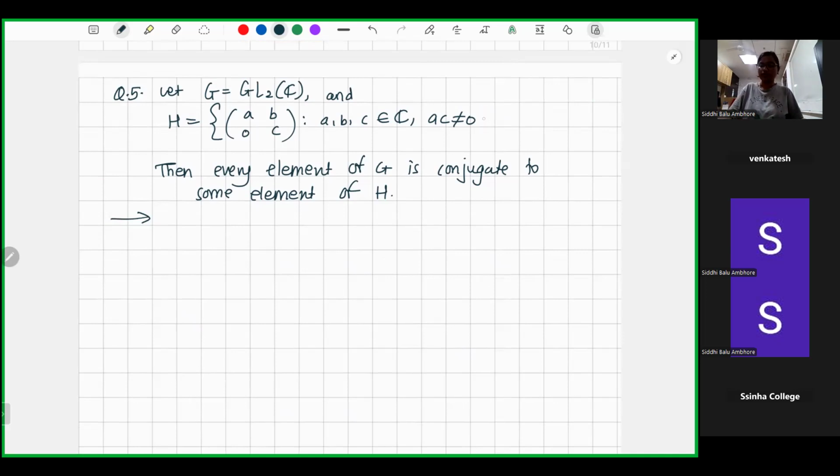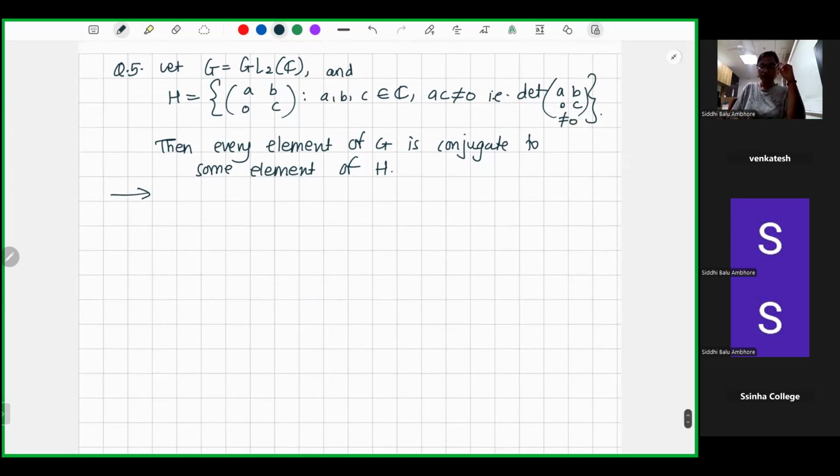Here the determinant, this AC, is the determinant of this matrix, let us call it A. Okay, this is the information we have. And now what they are saying is that every element in G is conjugate to some element in H. So what does this mean? We have to check true or false.